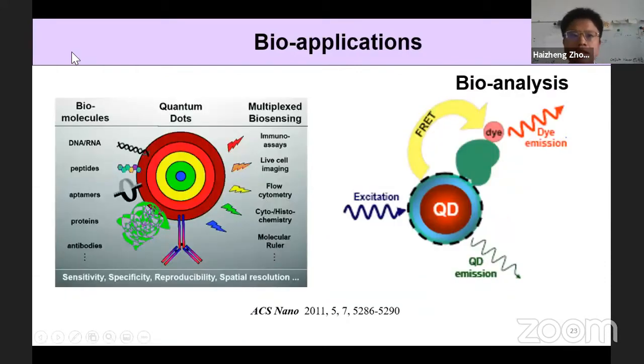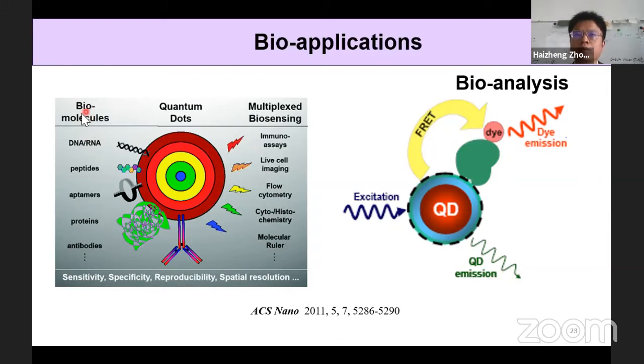So the quantum dots in aqueous solution also have a lot of opportunities to be functionalized by DNA, peptides, aptamers, proteins, and antibodies.